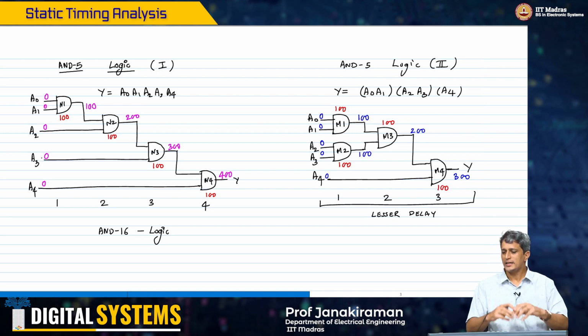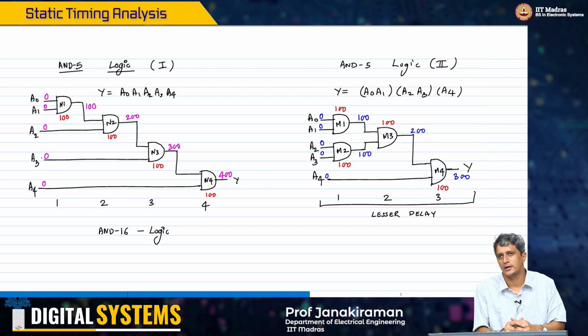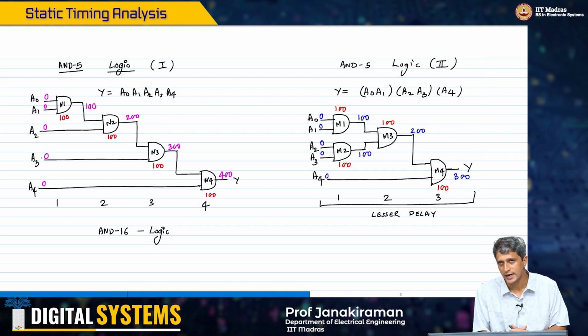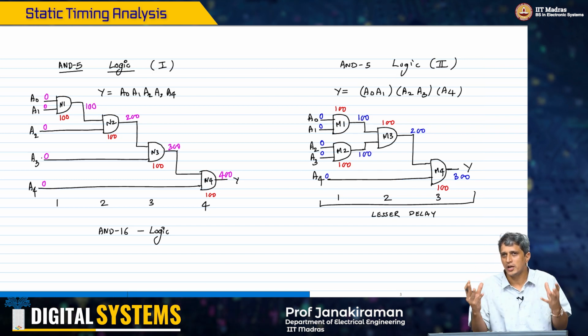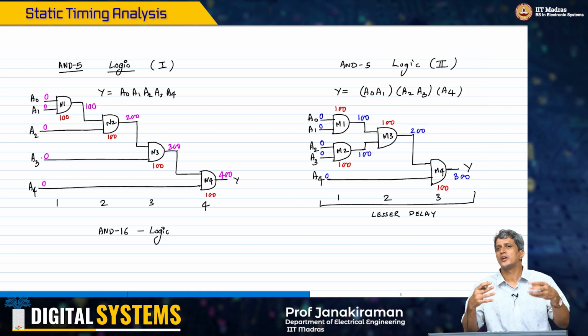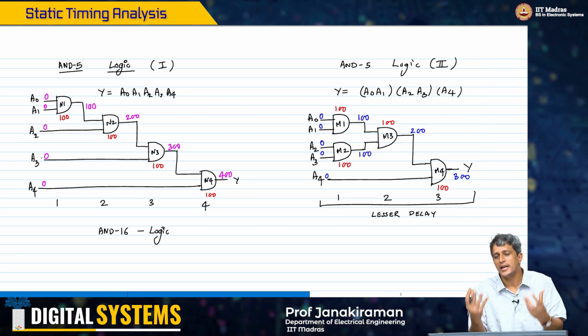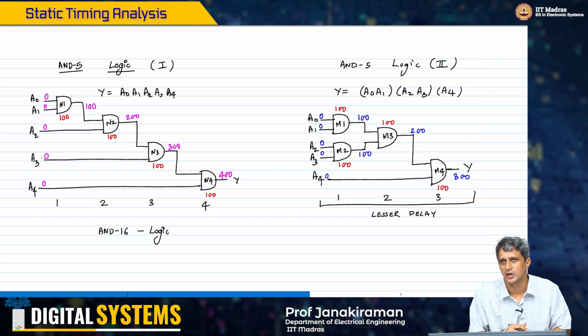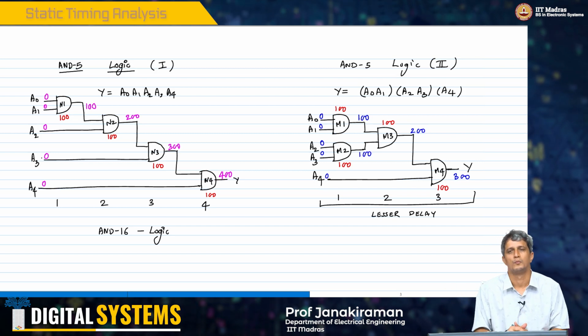So let's keep this concept, though it's a slightly abstract concept at this time because we do not know about the transistor level implementation of logic gates. Let's keep this model in mind because it will help us understand certain other circuits from a delay perspective very well. So I'll stop here, and in the next lecture we will move to what is known as hierarchical implementation of circuits. Thank you.